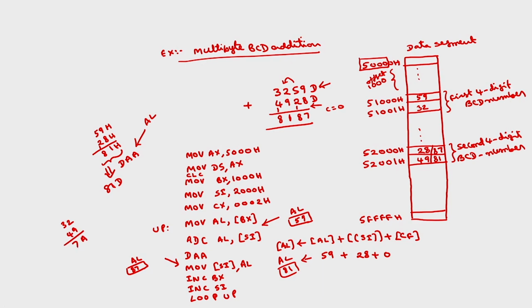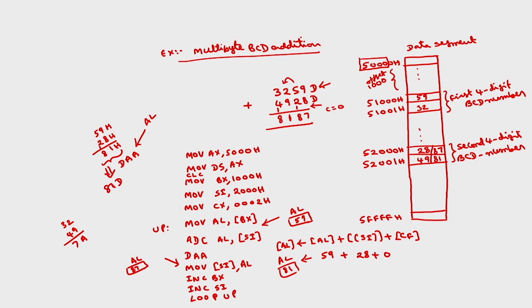So after the second iteration, the contents of AL will be 7A because this will perform hexadecimal addition. If I write DAA, then this 7A will be converted into 81. 81 will be stored, and that 81 I want to store back into the destination register where this second 4-bit BCD number is present. So, I will write MOV SI comma AL. So, this 81 will be replaced by 49.